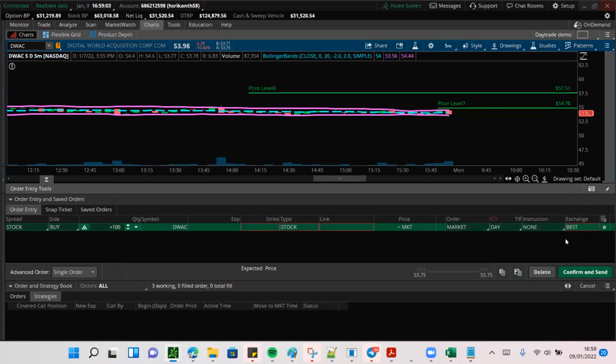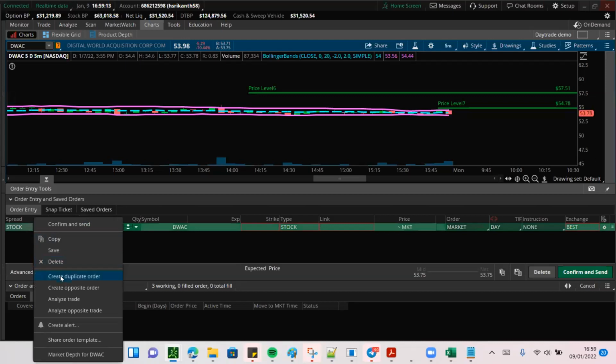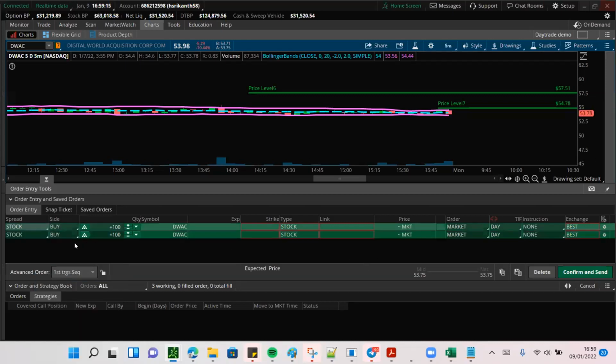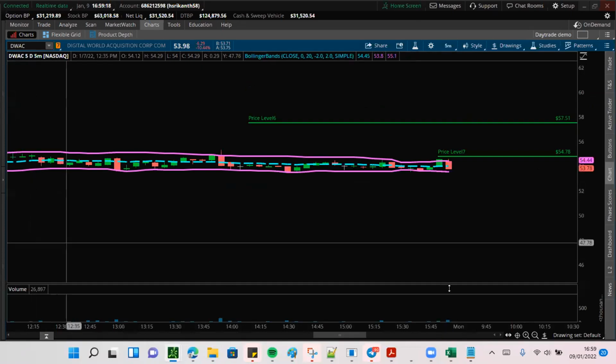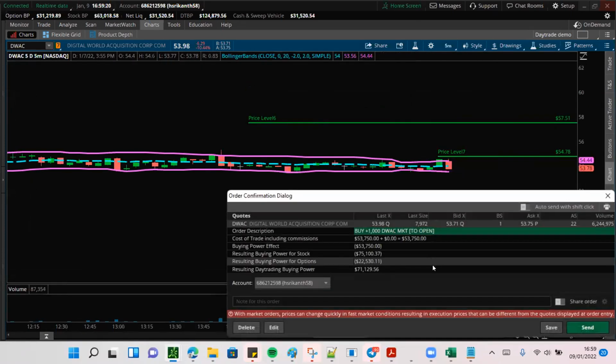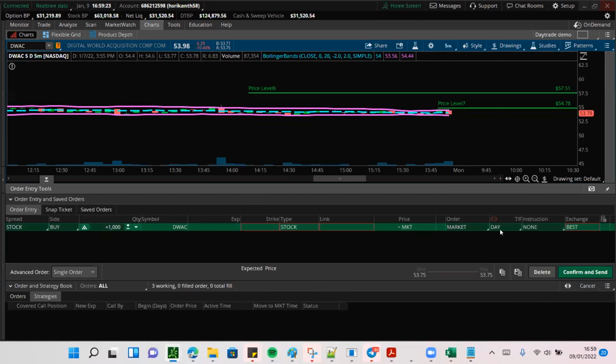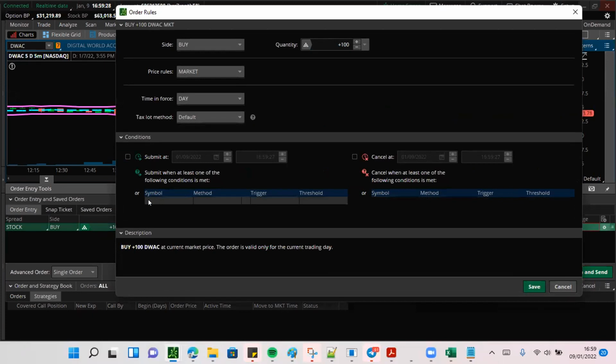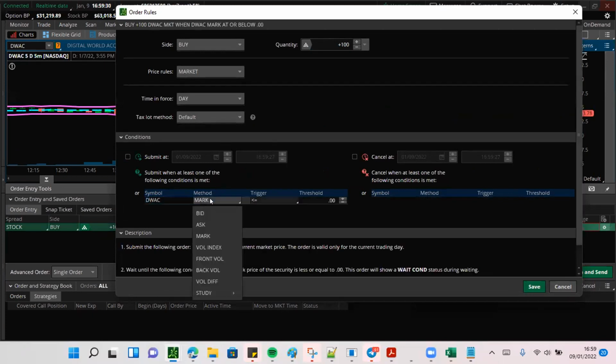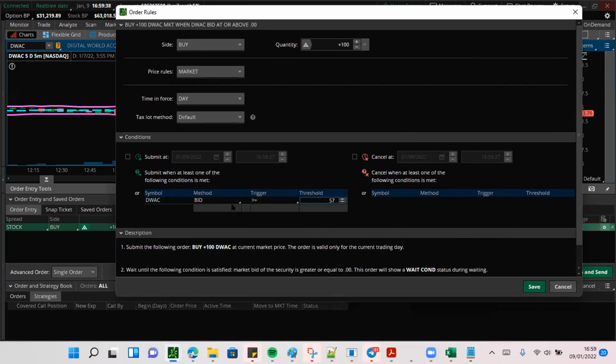And again, you can keep another first trigger sequence and create a duplicate order. Buy, credit. And I wanted to buy a market order, let's say 100 stocks. And I want to buy it whenever DVAC goes above 57.